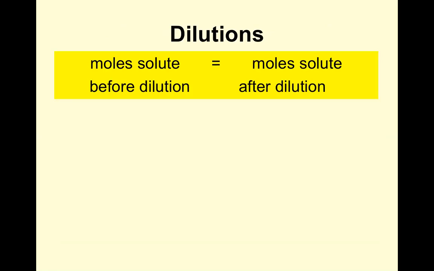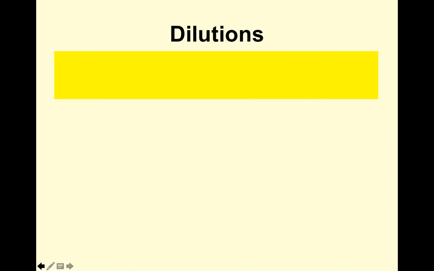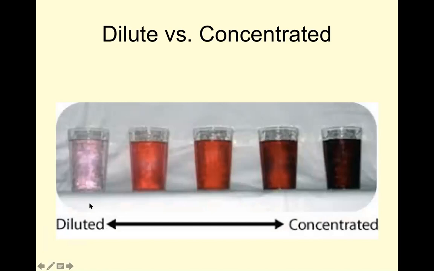So dilutions, basically we have to consider that the amount in moles of solute before the dilution is the same after. So we're not changing how much solute is in there. So if we go back to the previous slide, it could be the same amount of Kool-Aid mixture in each cup, but maybe we put a different amount of water in there.